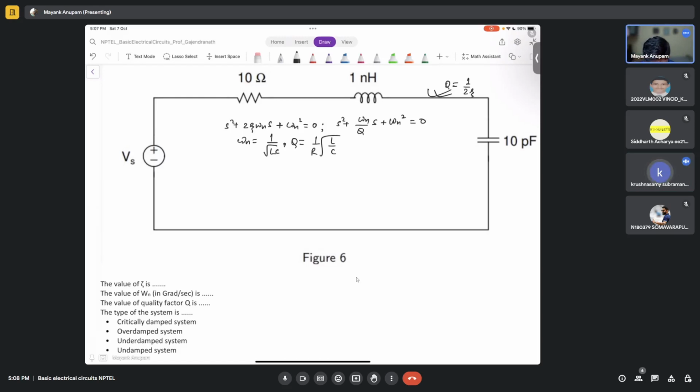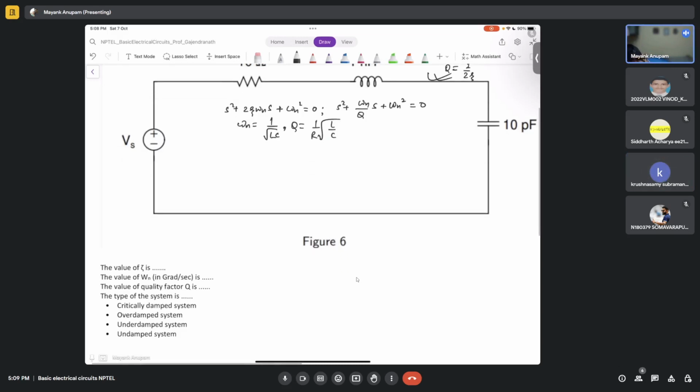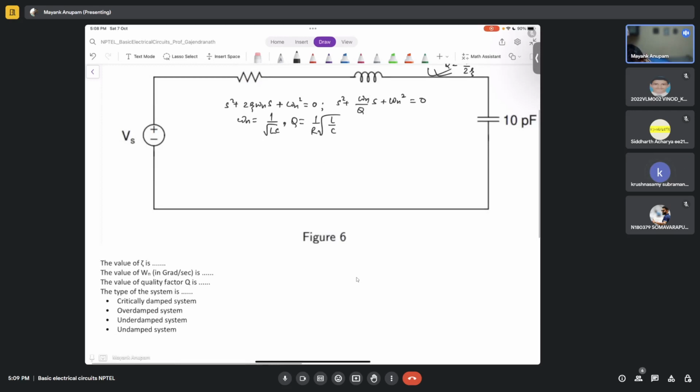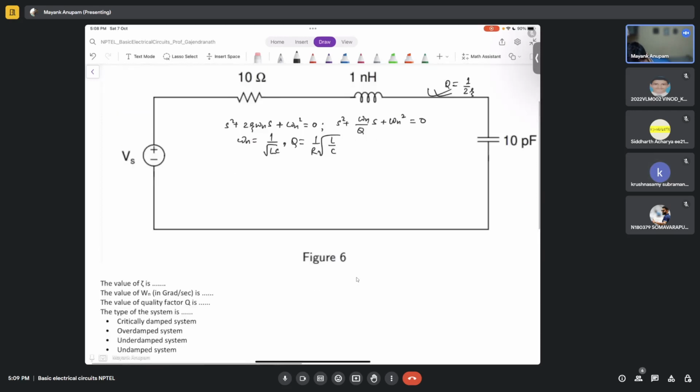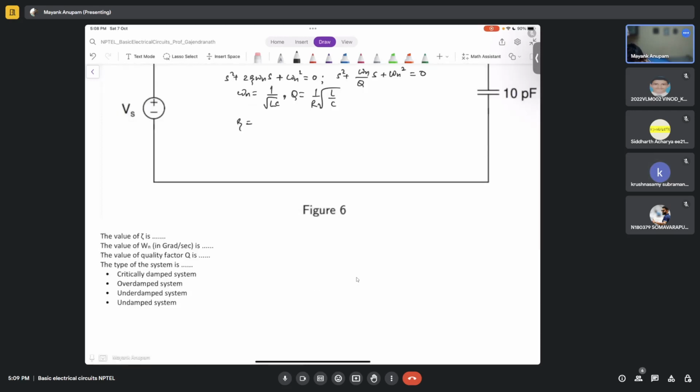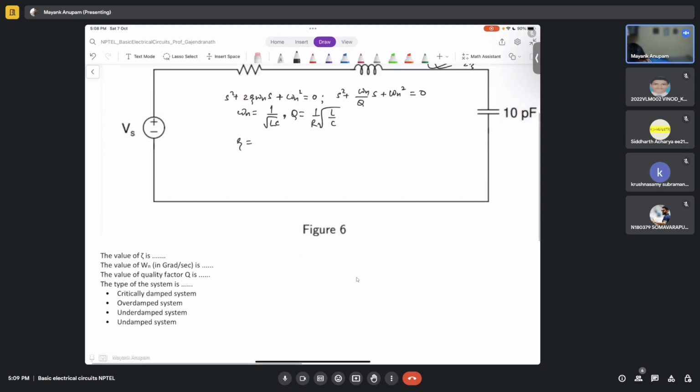I think it is correct. Okay, so tell me, what is zeta here? 1 over 2Q, right?